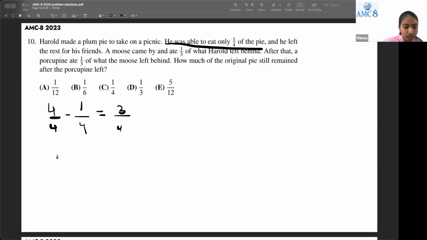So 3/4 minus 1/3, which is equal to, we can do the least common multiple, least common denominator, which is 12. And then we're going to be getting 9 by 12 minus 4 by 12.